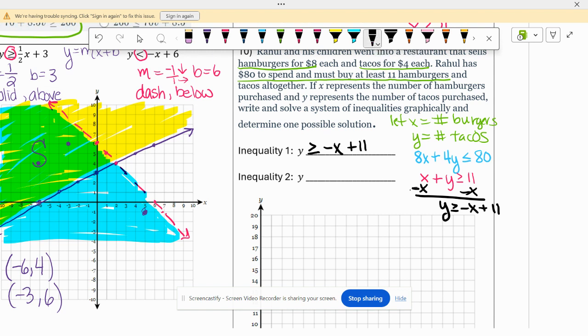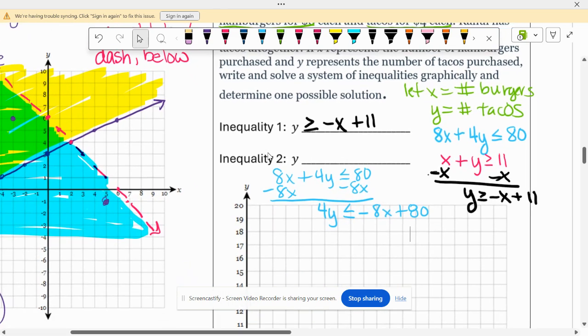The second inequality, the 8X plus 4Y is less than or equal to 80. Well, I'm going to subtract 8X from both sides. So that gives me 4Y is less than or equal to negative 8X plus 80. I need to get Y all by itself. So what do I have to do now?